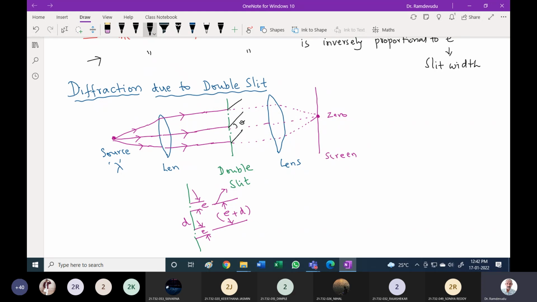Therefore, these lines will now fall on the lens, by an angle theta from the double slit.